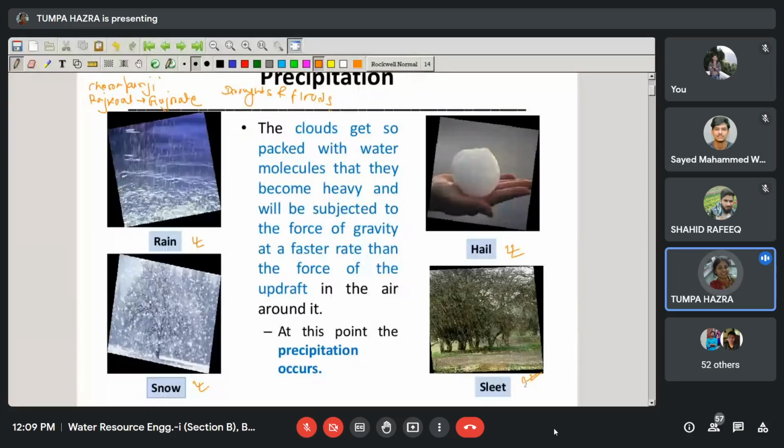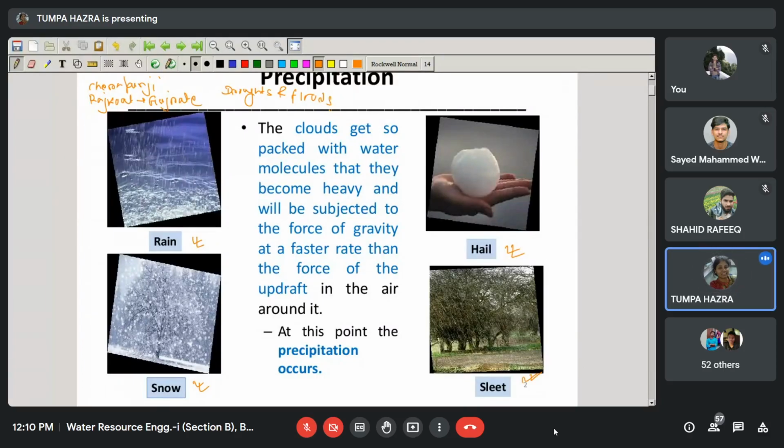Now, how does precipitation basically occur? Last day I showed you that the hydrological cycle has no well-defined beginning and end, but it is convenient if we start from the evaporation from the different water bodies, mainly from seas and oceans.